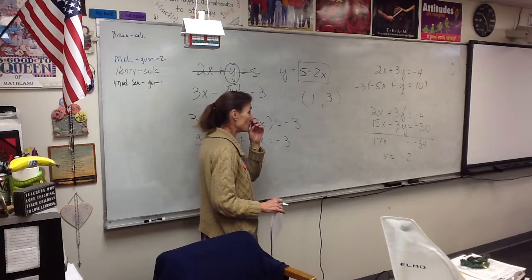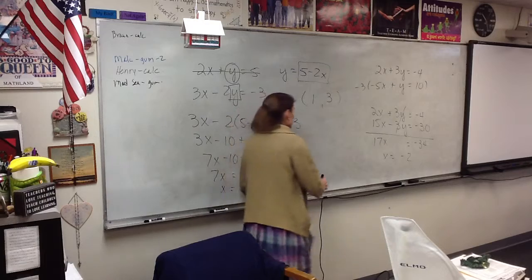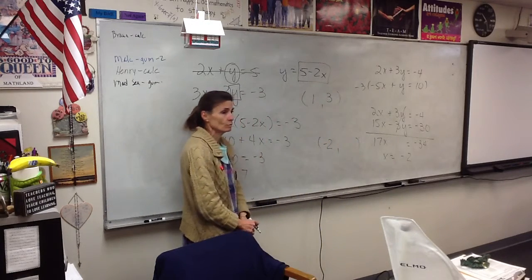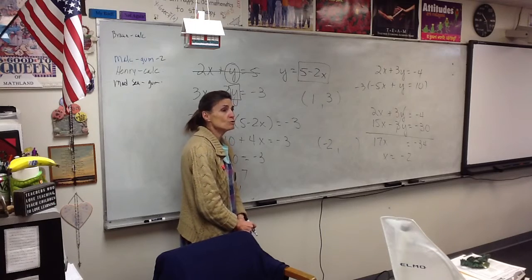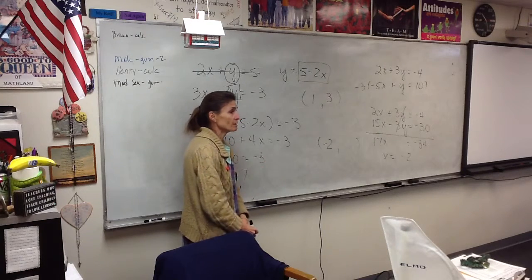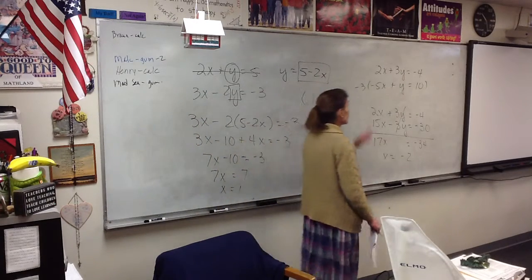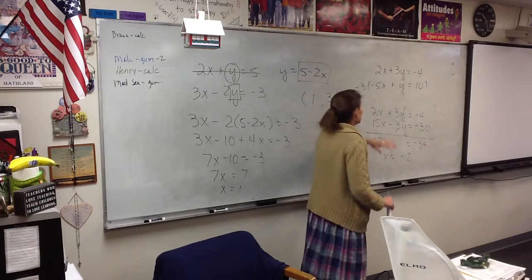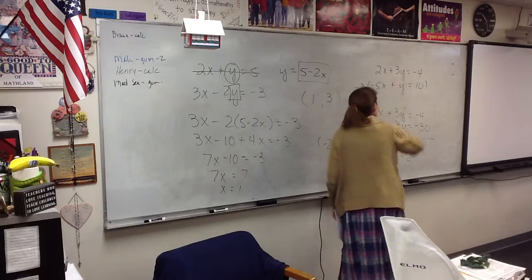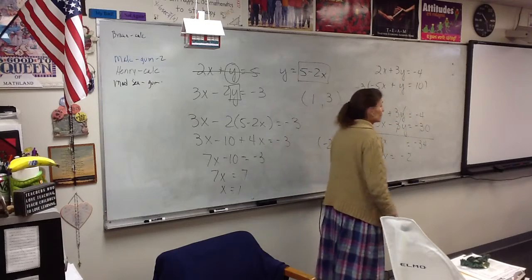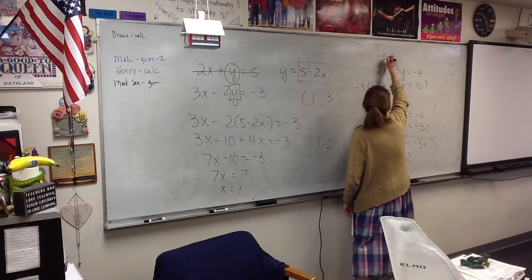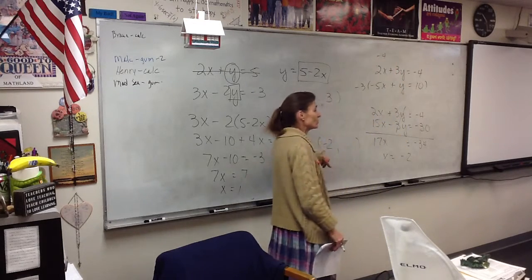Now again, you are not finished. You have an ordered pair, and the x is -2. But you do just what Gibran did a minute ago. You take that -2 and you plug it back in somewhere, anywhere. If I just put it into the top equation, because it's on top, I would have -4, because I'm putting in -2.